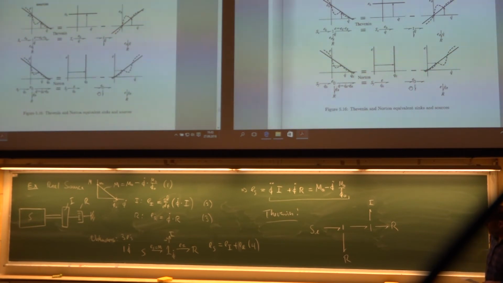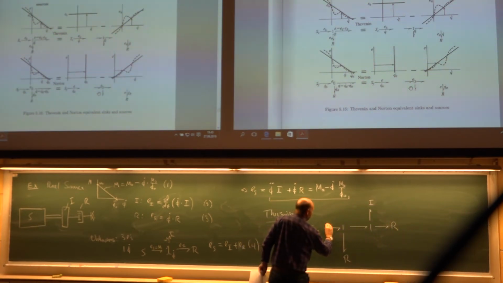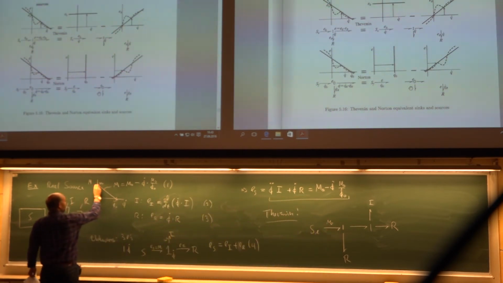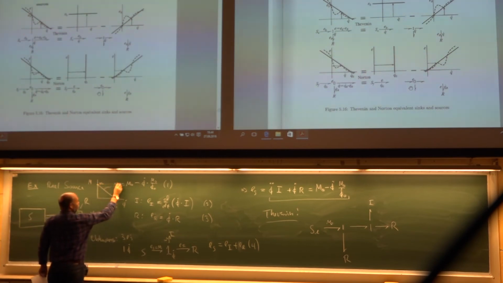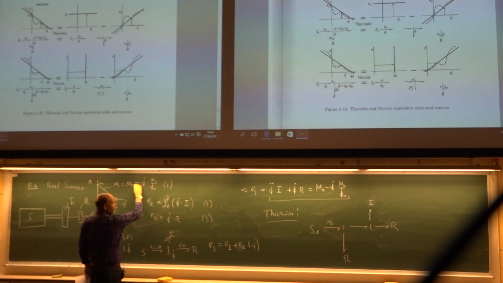Before we do that, let us just check that we have done this one correctly. So here I have M0, this constant torque attacking the system. But then I want minus something.